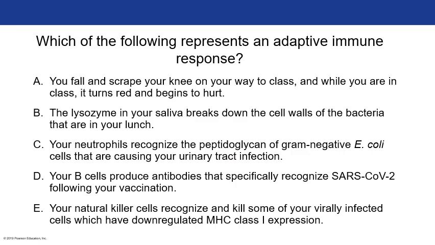Oh, finally, we got a question here. So this is asking which of the following is representing the one adaptive immune response. So now you got to select the one that is adaptive.